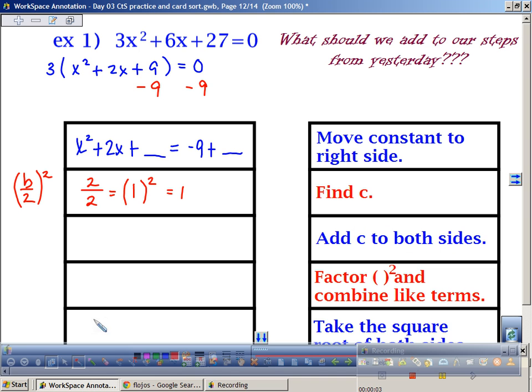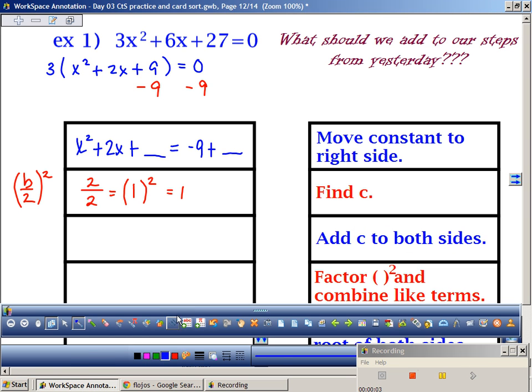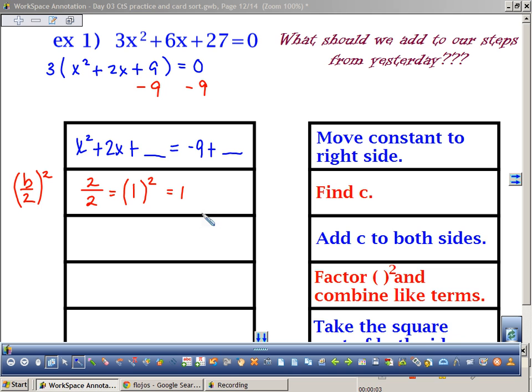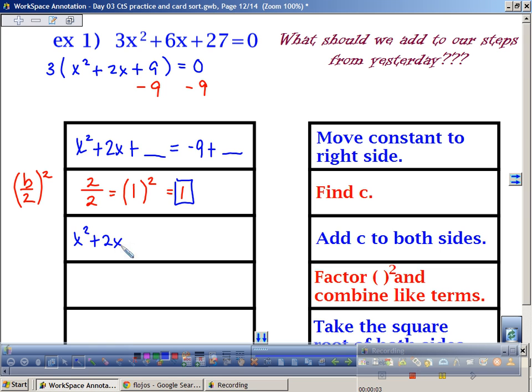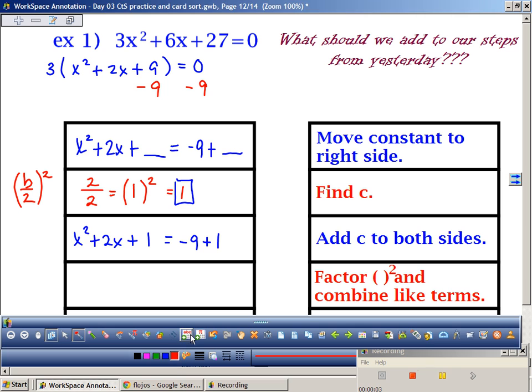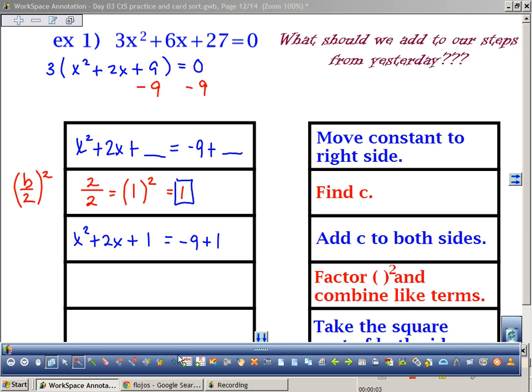Okay, next step is add c to both sides. What's c? 1. We found c. It's 1. So we're going to take x squared plus 2x, and we're going to add 1 to both sides in those blanks. Now what do I do? We're going to factor.